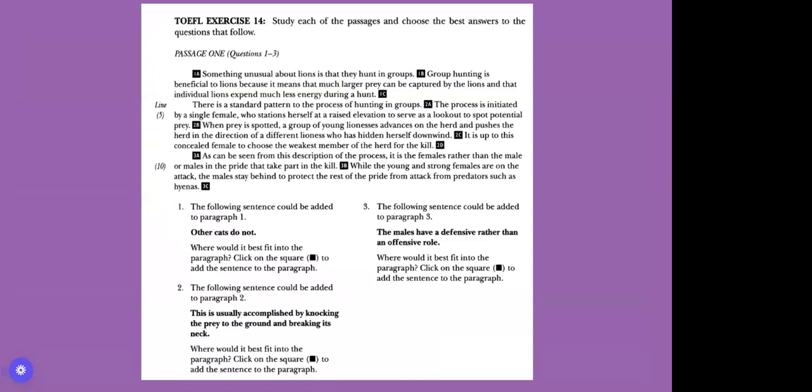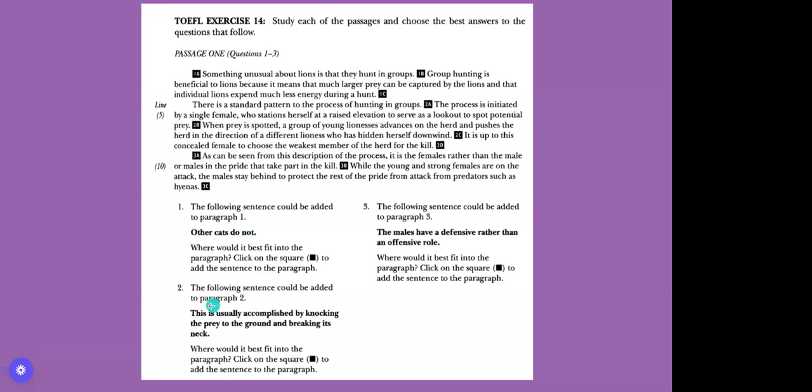For example, this one. If you see, we have these little squares where the answers could belong. The following sentence could be added to paragraph 1. Other cats do not. So where in paragraph 1, A, B, or C, could this sentence be inserted?